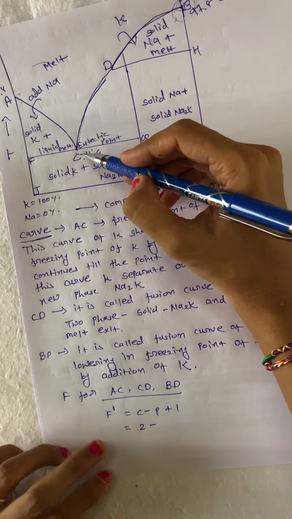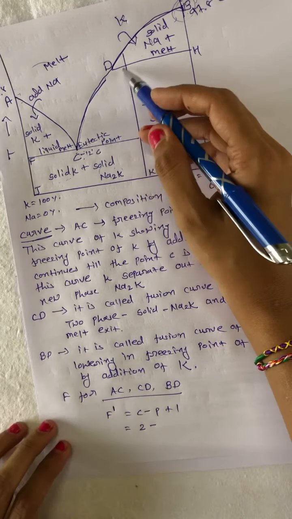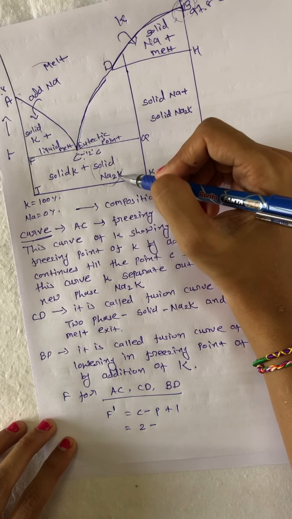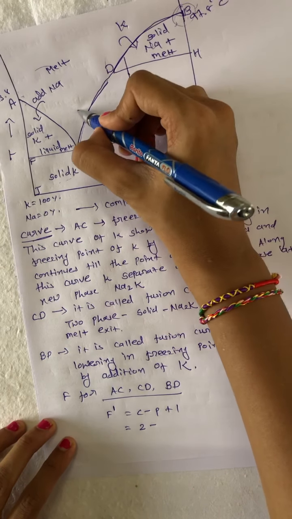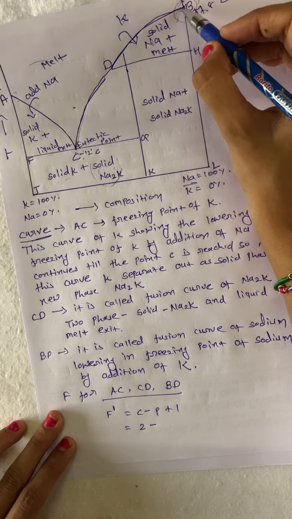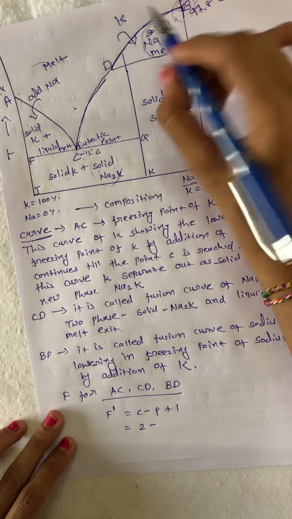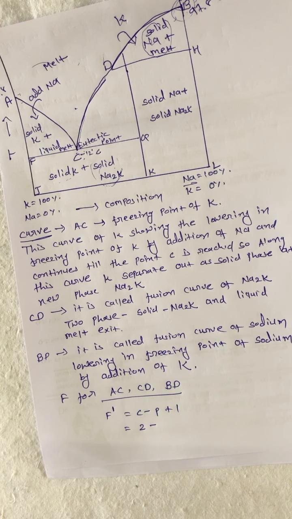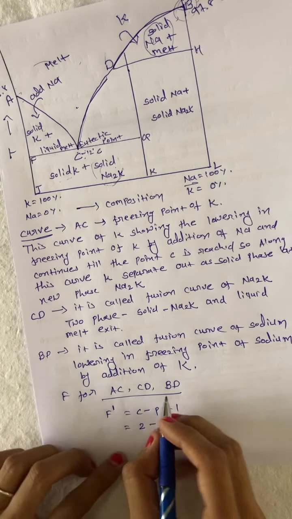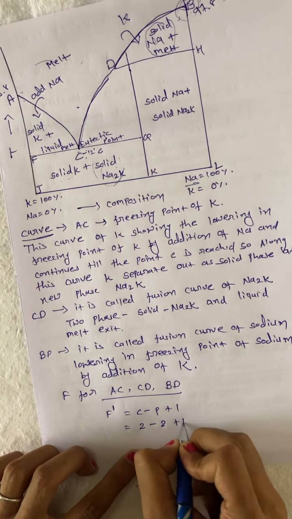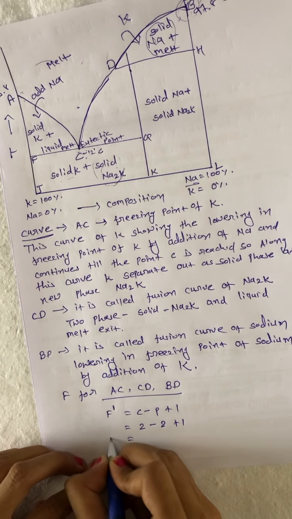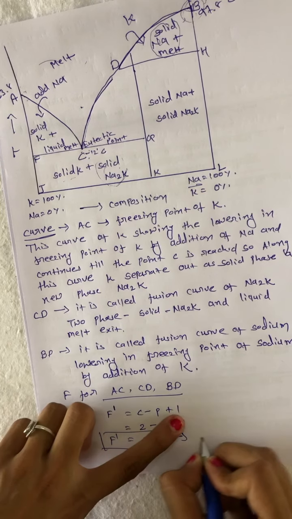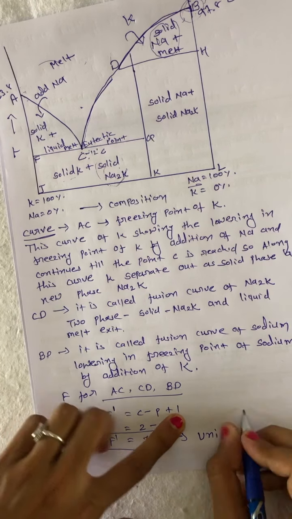In curve CD the intermediate Na2K solid is present, and also melt. In curve BD solid Na is present and melt. So in the whole curve two phases are present. So 2 minus 2 plus 1, F dash is equal to 1. So this is univariant.